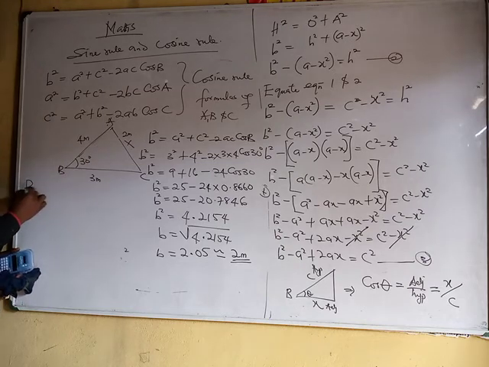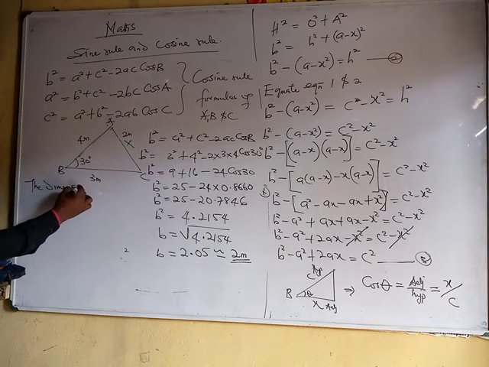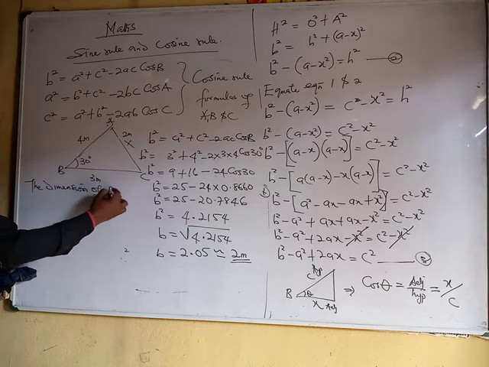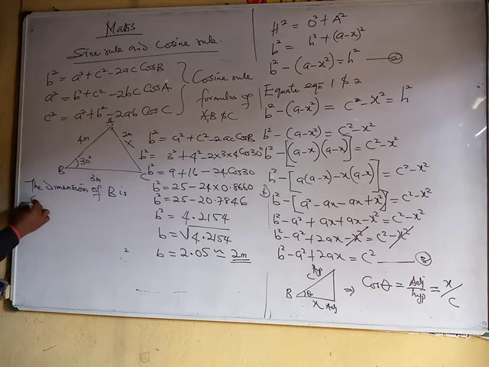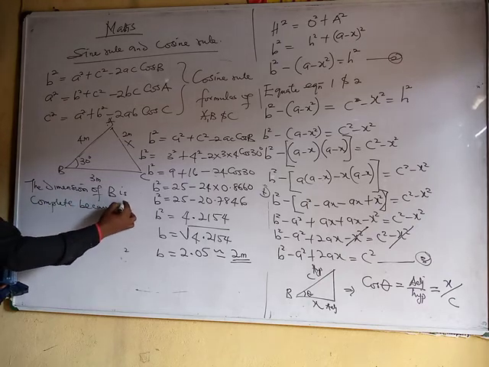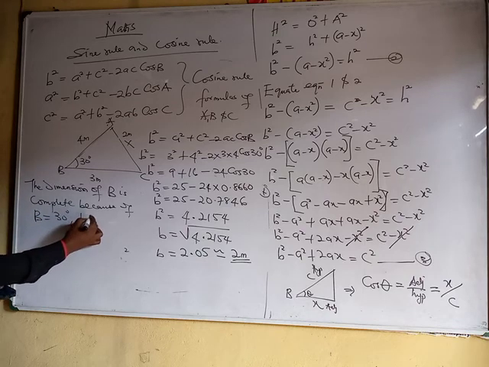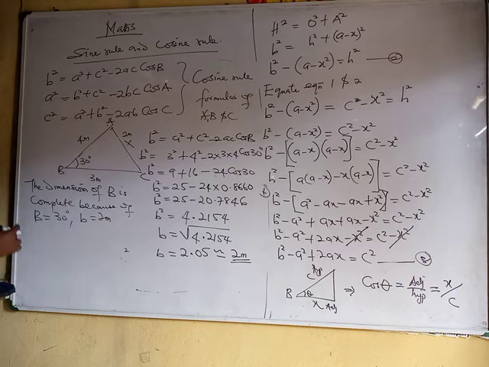because I can say the dimension of B is complete, because capital B is equal to 30 degrees, and small b is equal to 2 meters.